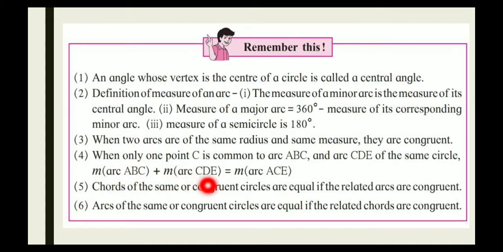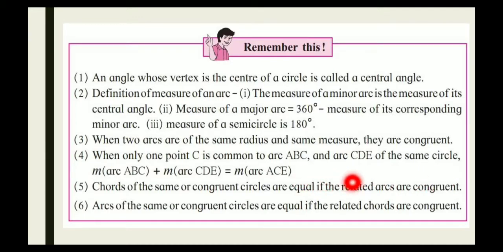The chords of the same or congruent circles are equal. Keep this in mind. Chords of the same or congruent circles are equal only if the related arcs are congruent.